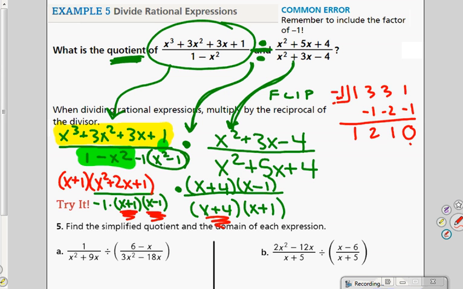This top left-hand corner is x plus 1 times x plus 1 times x plus 1. Okay? This yellow thing is x plus 1 times x plus 1 times x plus 1. See what cancels? I think a lot's going to cancel here, right? And then multiply the top, multiply the bottom.